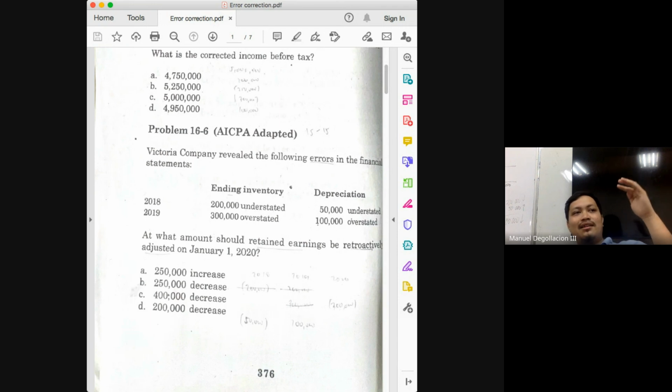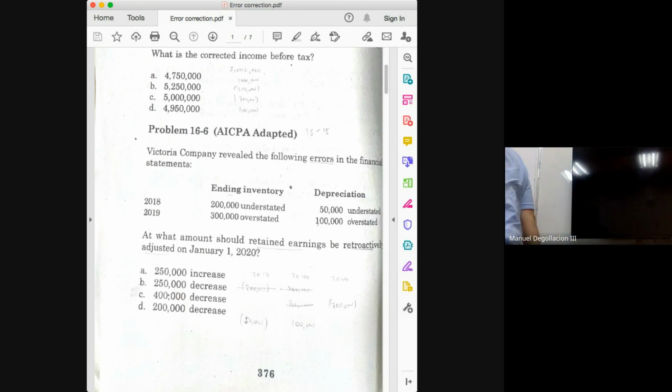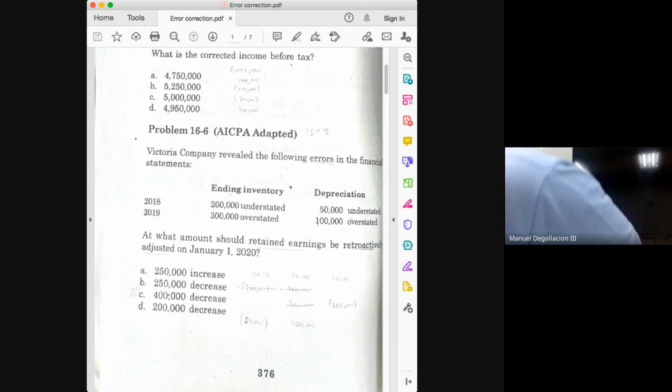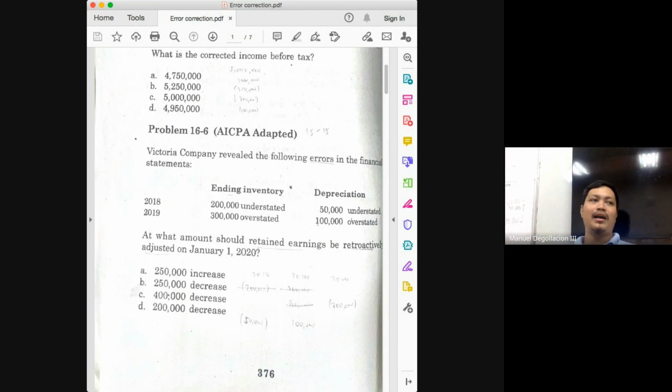And if TIGAS is understated, class, what will happen to your cost of goods sold? Cost of goods sold would also be understated. And if cost of goods sold is understated, what will happen to your net income? Net income would be overstated. How much is that? Was it the 200? Again, going back, what's the scenario in 2019? Beginning inventory is understated by 200.